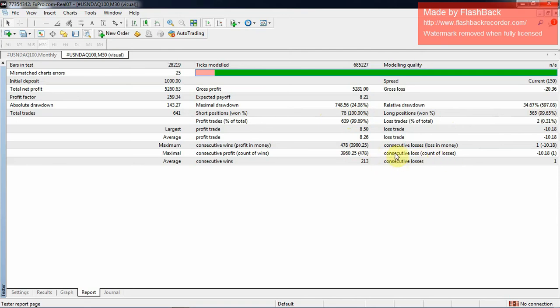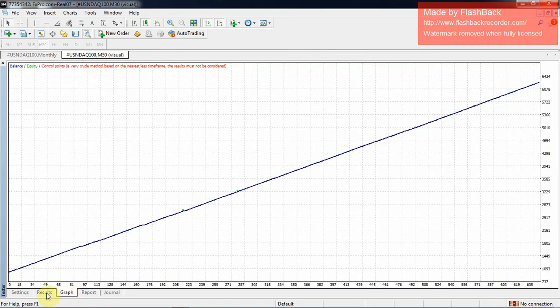Consecutive losses, -10. That's the -10 I showed you there. Maximum consecutive profits, 3,960 on a fixed lot size of 1.